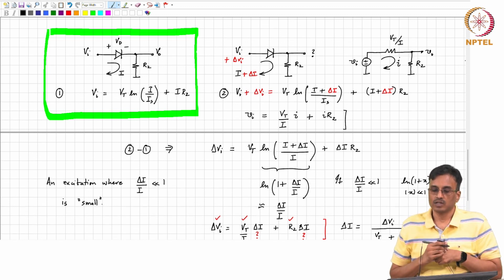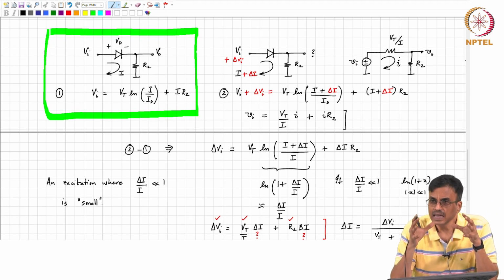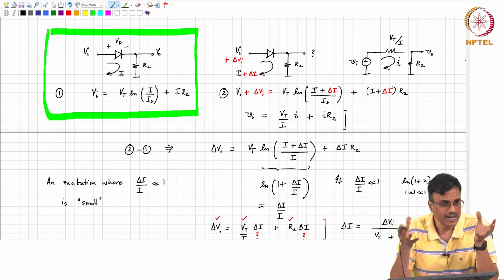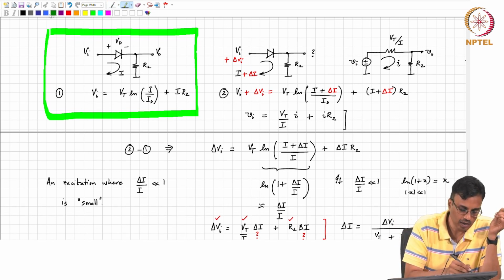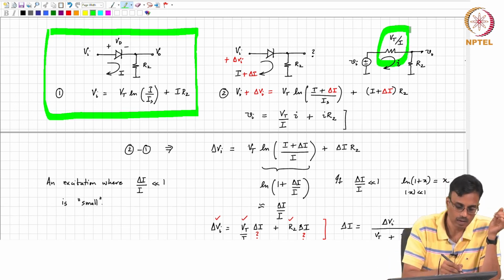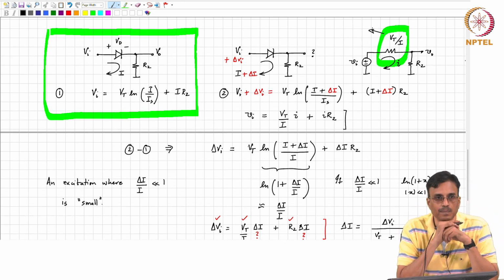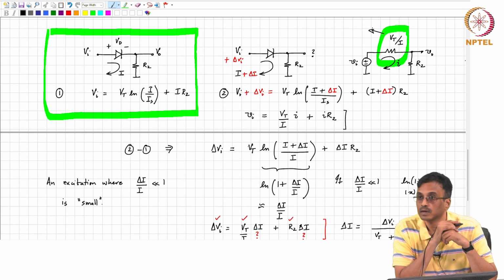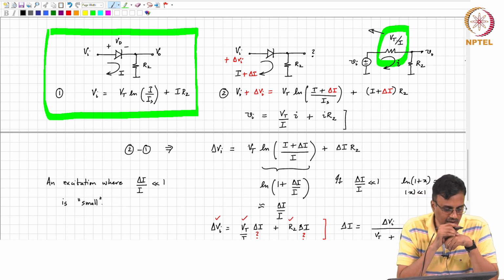So for small signals, therefore, we have replaced the nonlinear element, in this case a diode, by a linear one, and what are the properties of the linear element? What does the value of that resistance depend on? I mean, Vt of course is a given at a given temperature.